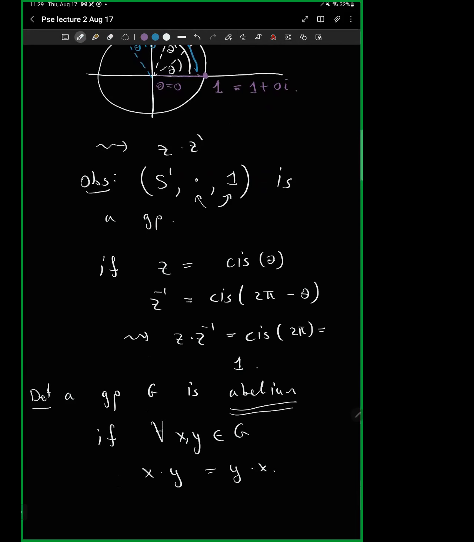And if you think of it, all the examples we saw are abelian groups. In all the examples we saw, the binary operation is commutative.